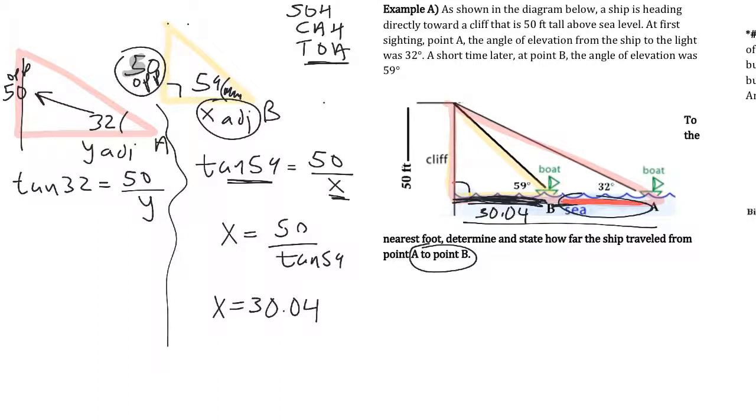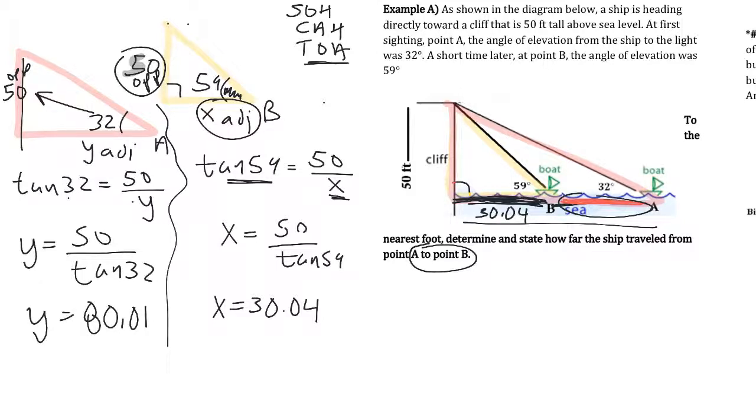I'm going to use y because I already called the first one x, so it's going to be a different number. Again, I can just switch the y and the tan 32. 50 divided by tan 32. And if you type that in your calculator, you get 80.016. I'll go out a couple decimal places.